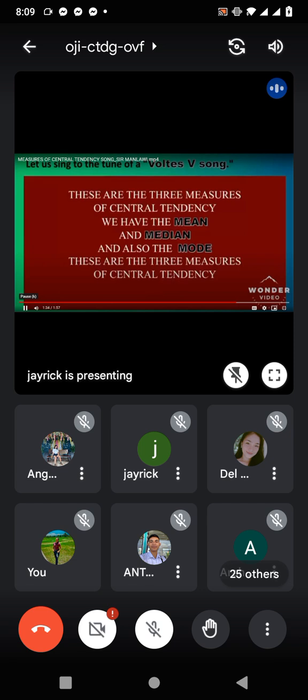These are the three measures of central tendency. We have the mean and median and also the mode. These are the three measures of central tendency.